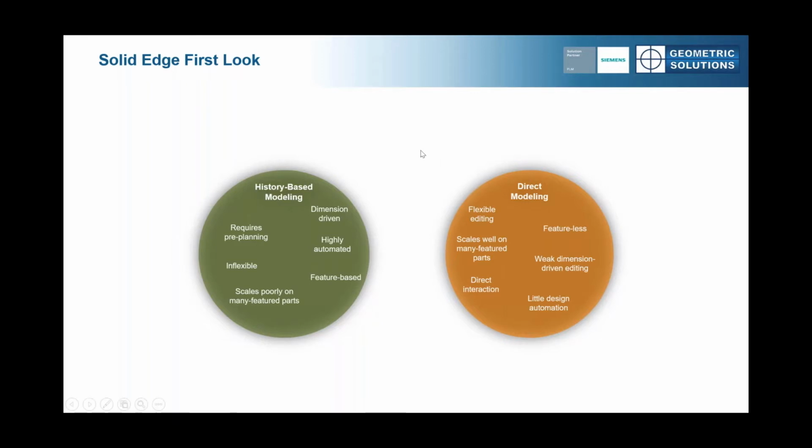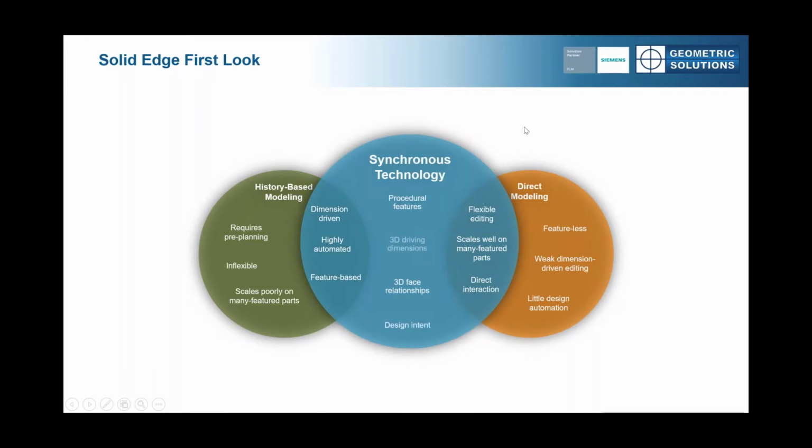Well, this is where Solid Edge with synchronous technology comes into play. Because synchronous technology takes the best of history-based modeling, so having dimensions, having features, having relationships with our dimensions and faces, and the best of direct modeling, so being able to edit it very easily and having direct interaction.